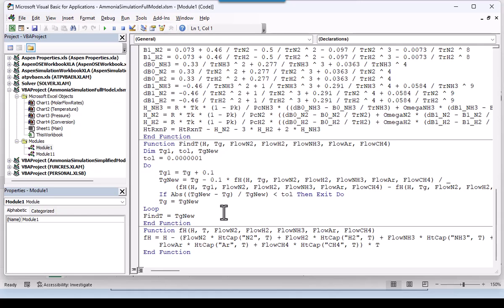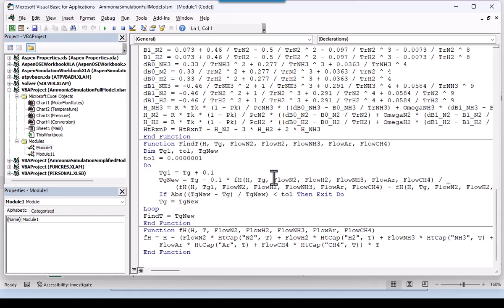And it does this in a similar way to what we did back in Bootcamp 3, where it uses the variation on Newton's method, which is called the modified secant method, in order to find the correct temperature, which balances the enthalpy to zero.